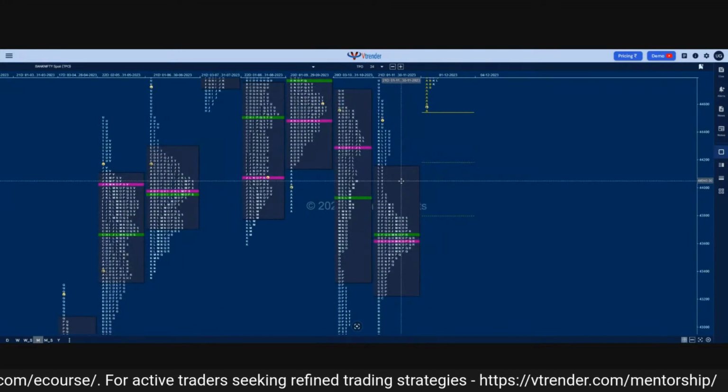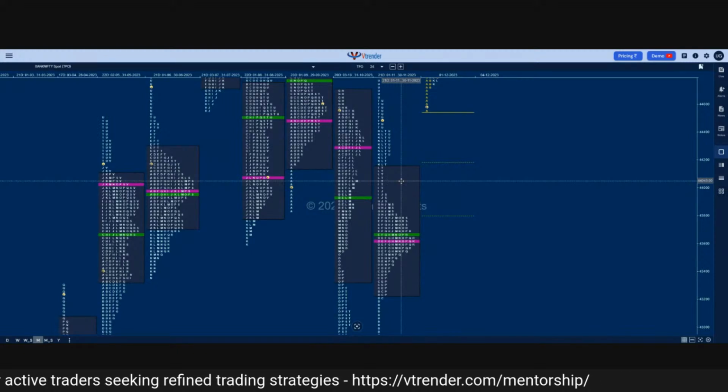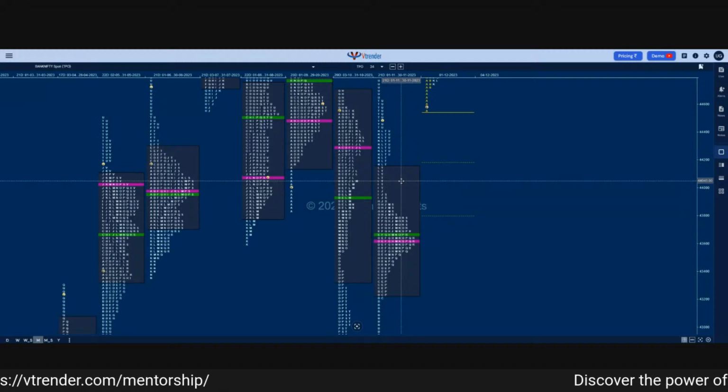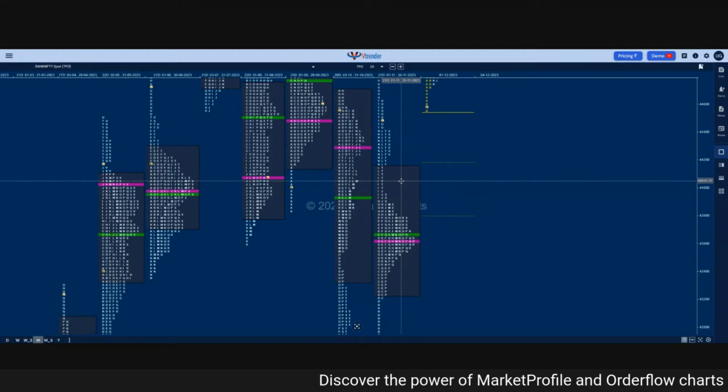So in market profile, the auction tends to form a Gaussian curve or a bell curve on all time frames. And till the time it does not do it, it will form a balance, and then it will give a move ahead. After it may give the move, again it will form a balance.